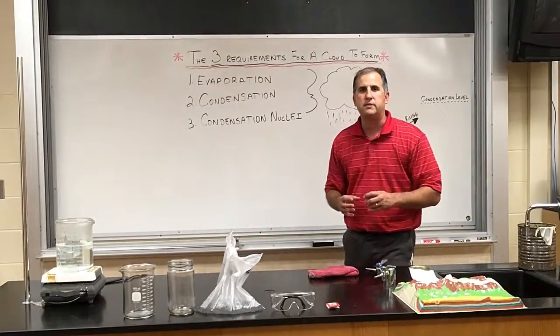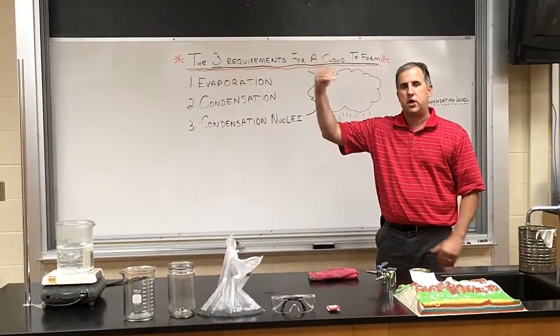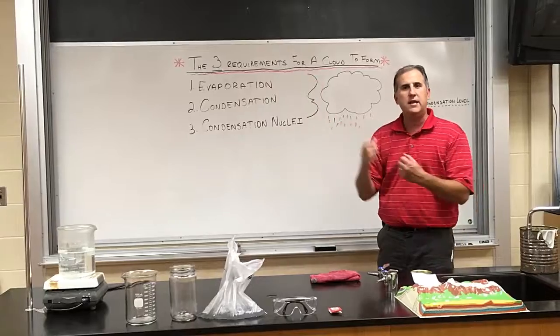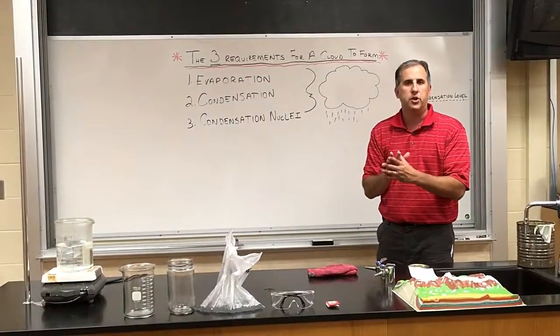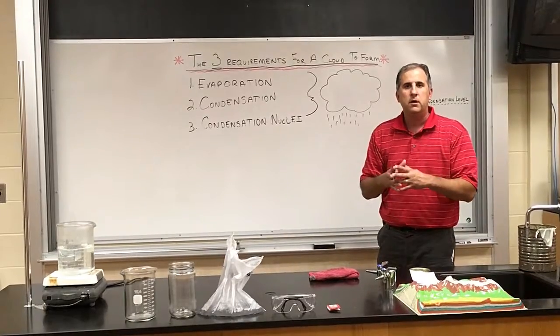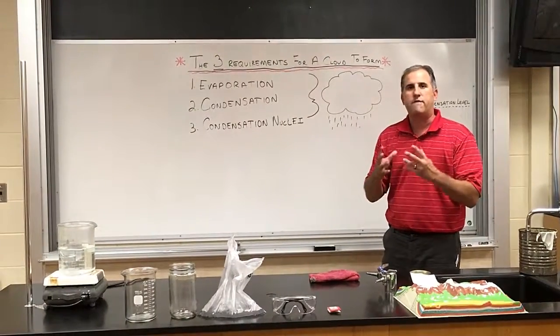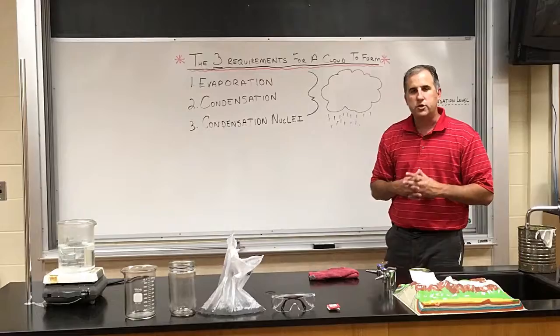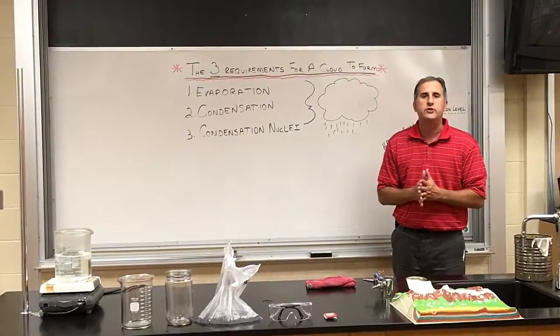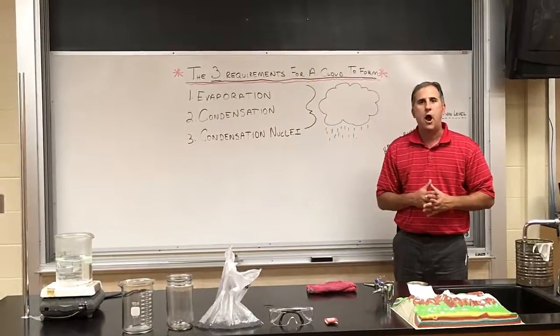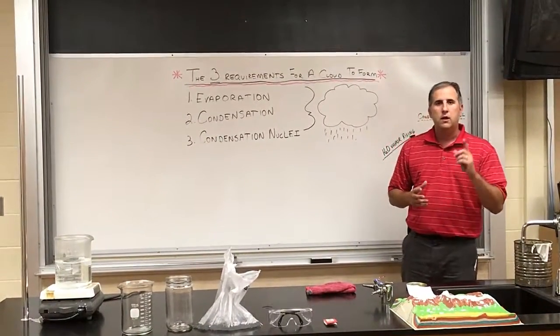So what happens is when these water droplets are in the atmosphere, they need to adhere to a particle, whether it be dirt, smoke, dust, or salt, in order for the cloud to form. So, now that we know what the 3 components of cloud formation are, let's take a look at how we can create one in the lab.